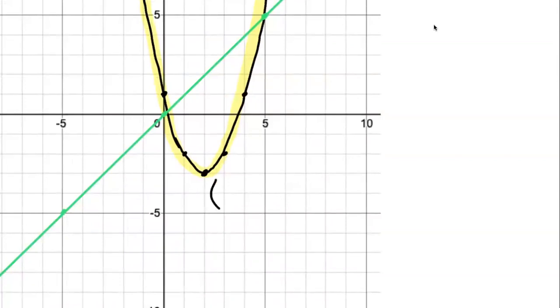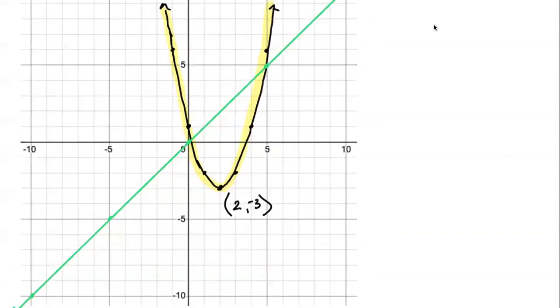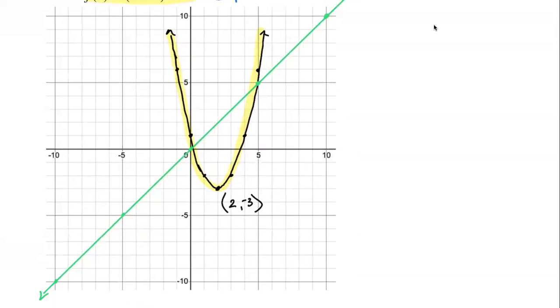Okay. So this point is 2, -3. If I switch my x and y's, I should get -3, 2, or this point right over here. Now, if I find the next point over here, I get 3, -2. And if I switch those, I'll get -2, 3, or that point over there.